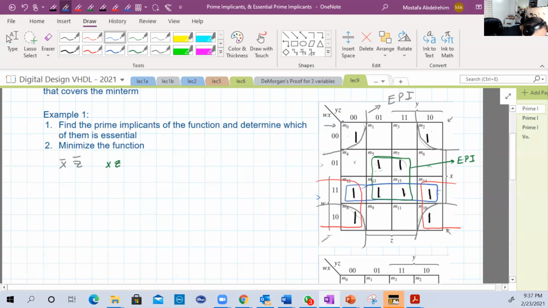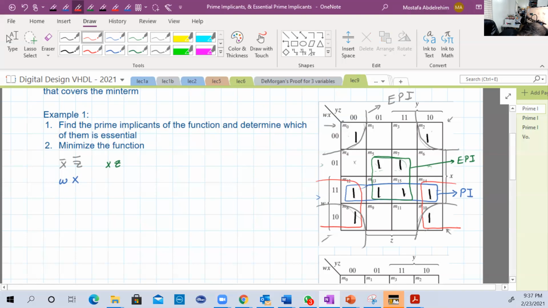It is just a prime implicant. And what is this one? W is not changing, Z is changing, X is not changing, and Y is changing. So it's WX. Good.